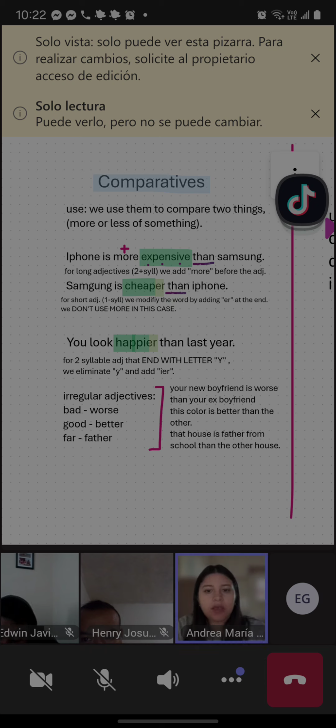It is at the top or at the bottom. Okay, so in this case, we are not comparing because it doesn't have comparison.